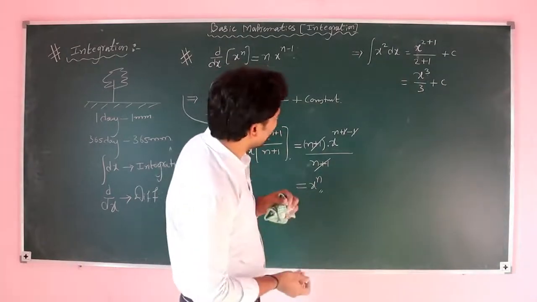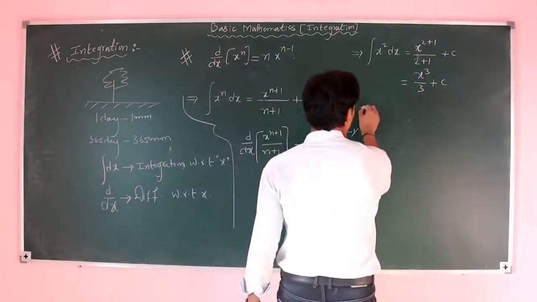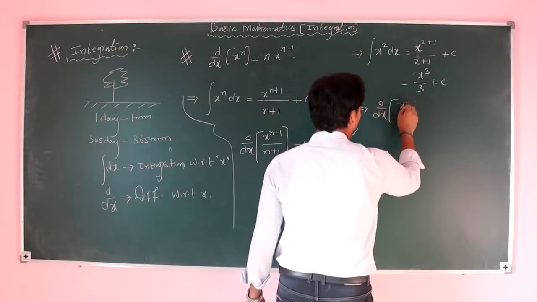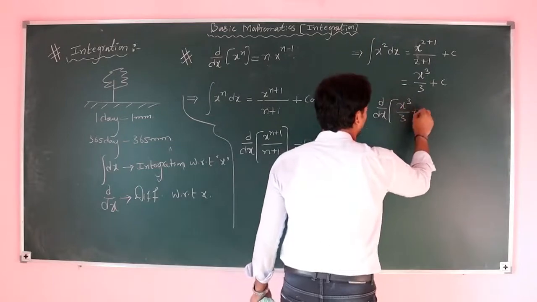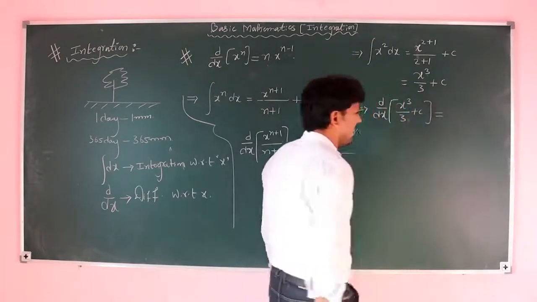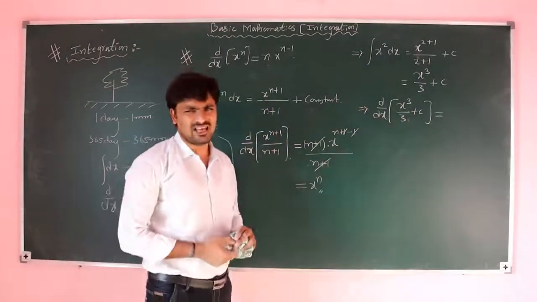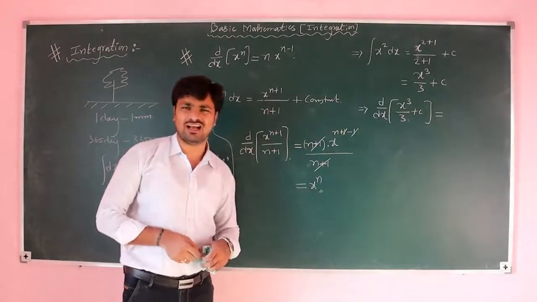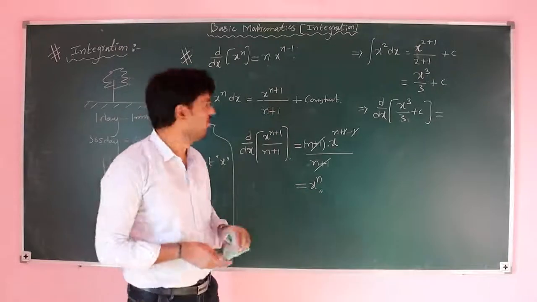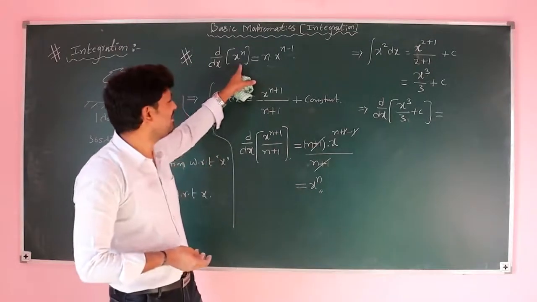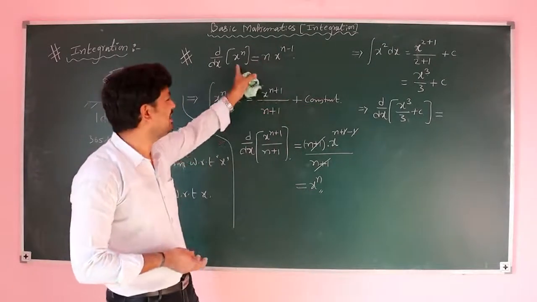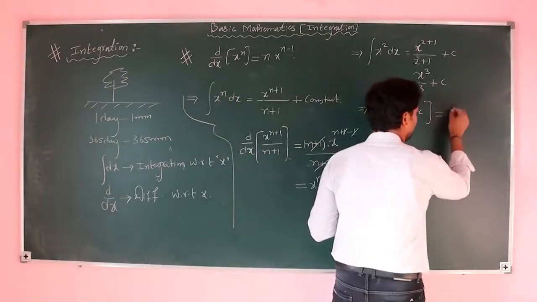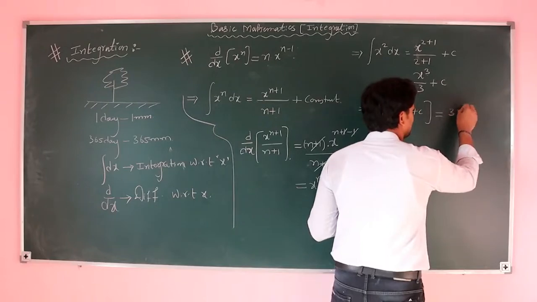So now again, let us differentiate this function. Immediately differentiate it. Differentiating x cube by 3 plus c: the differentiation of x cube is 3 into x square.